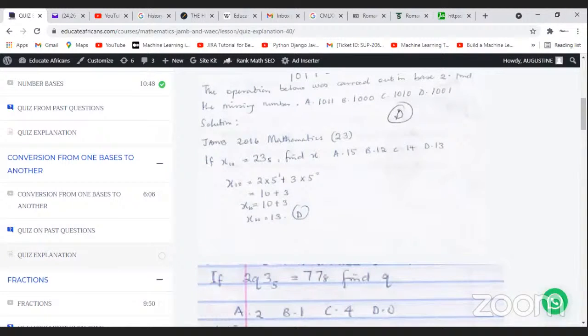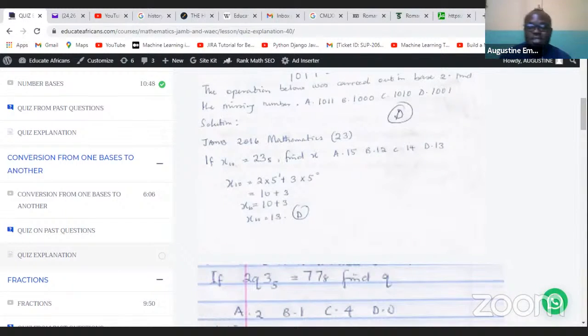Okay. So assignment number 1 is to draw out the first table that I said, telling me all the possible bases from 2 to 10 and the numbers that can be found in those bases. Second one is to solve this problem.